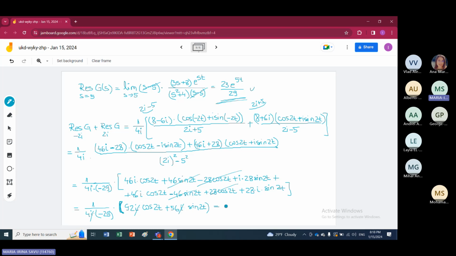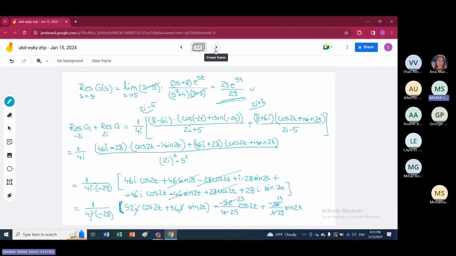So we have, actually we have a simplification here, 92 over 4 times 29 cosine of 2t. So with a minus, plus, minus 56, this minus, over 4 times 29 sine of 2t. Okay, actually you have a simplification here, and this is 23 minus 23 over 29. And this one is 14.